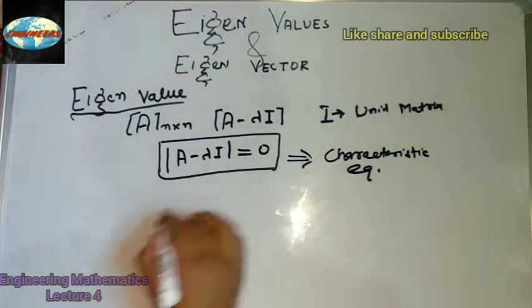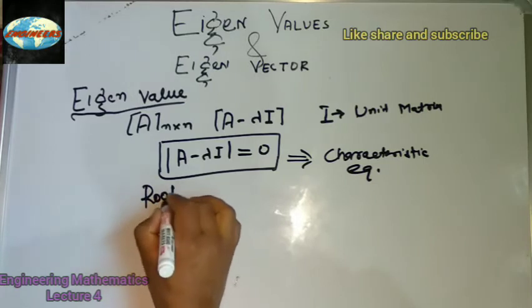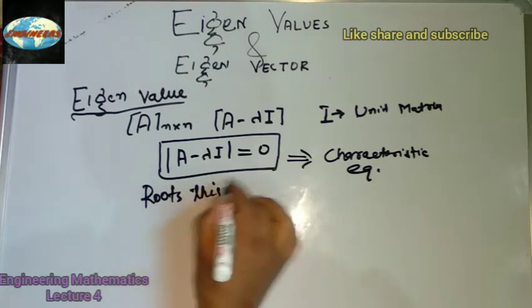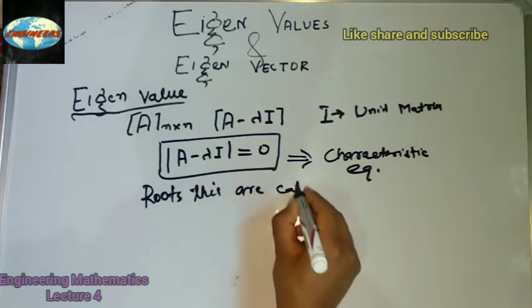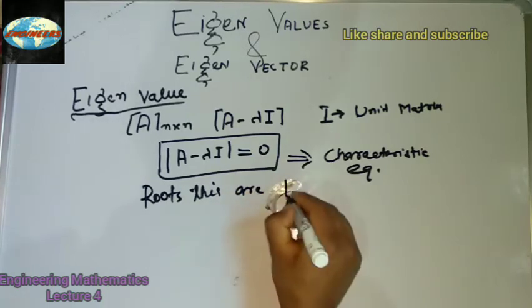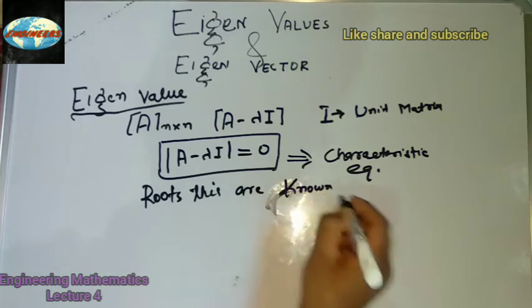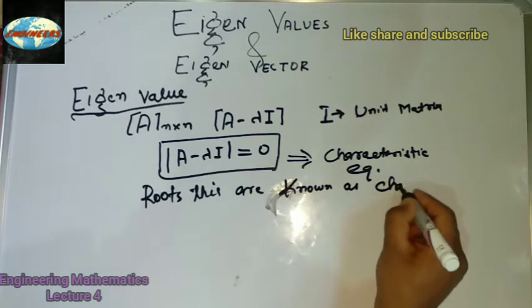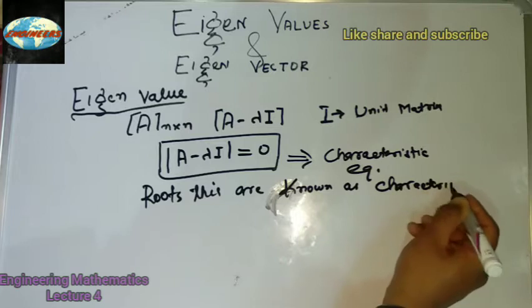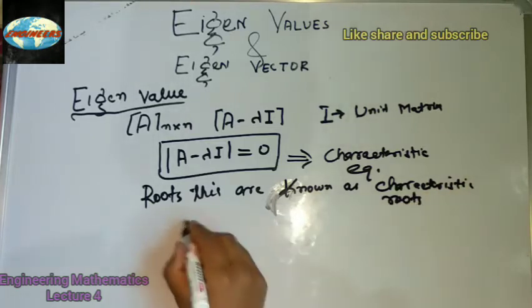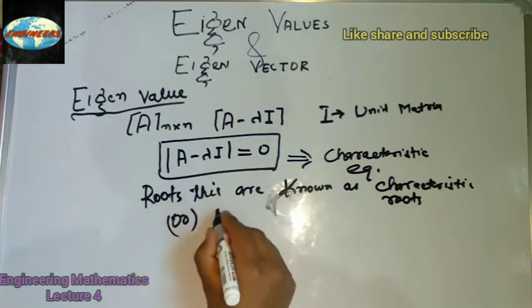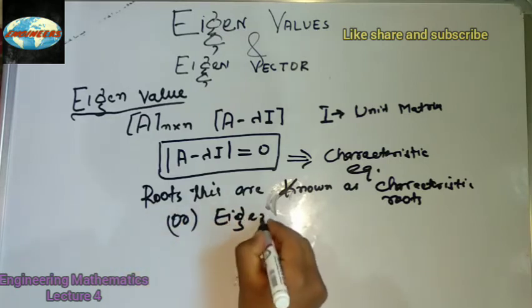The roots of this characteristic equation are known as characteristic roots, or what we call eigenvalues.